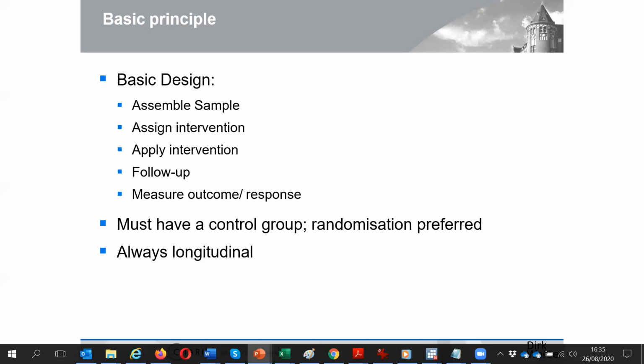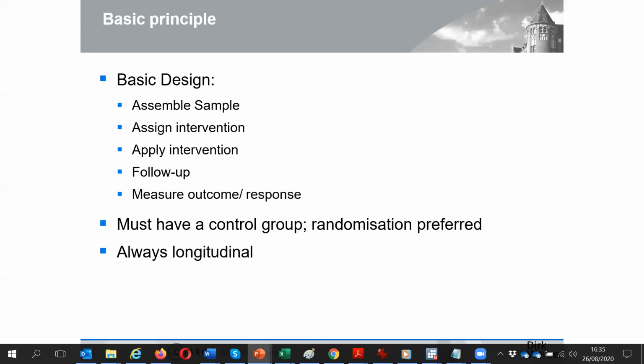Then you apply your intervention and you follow up. Most RCTs, or experimental studies, have an element of follow-up. You measure your outcome and the response. Then you compare between the two groups to see if there's a change.